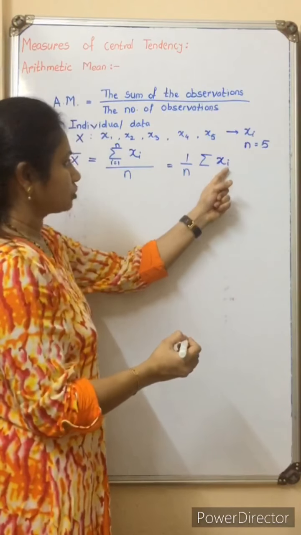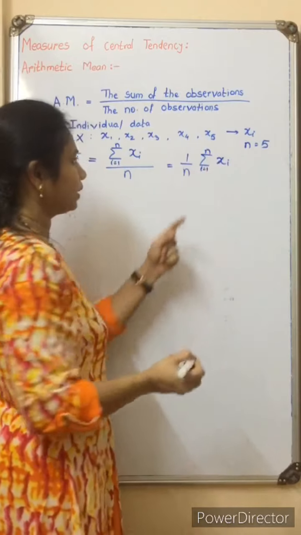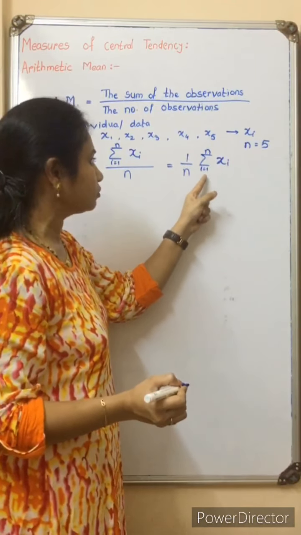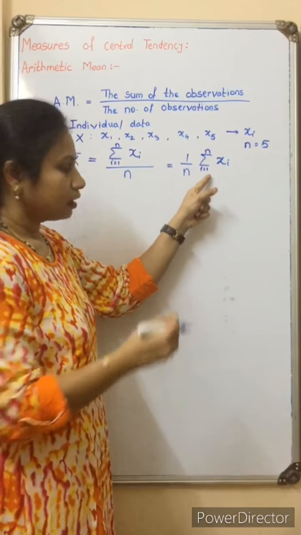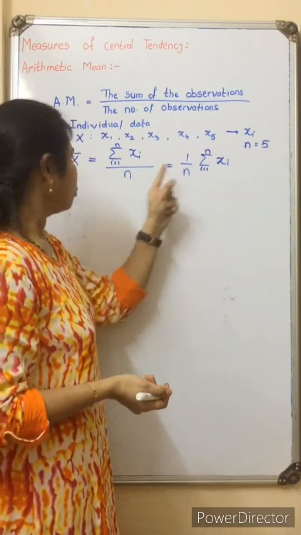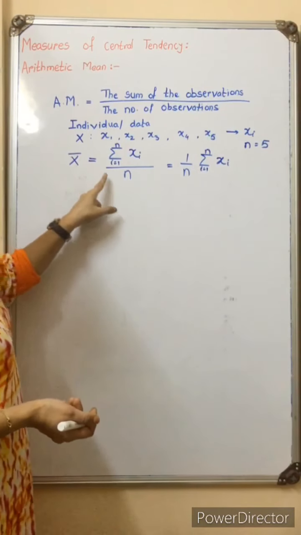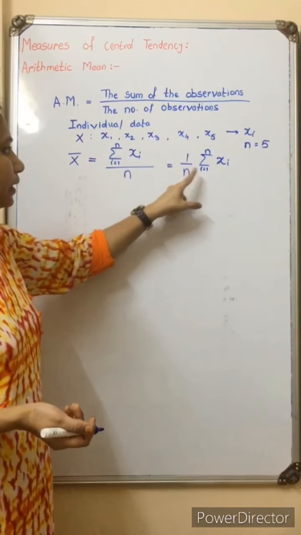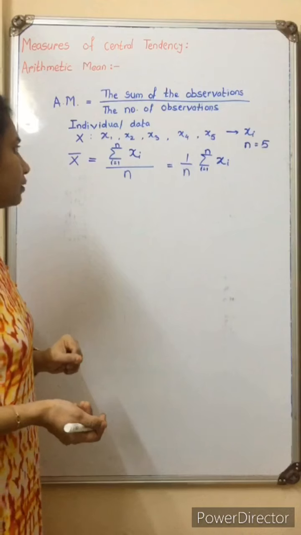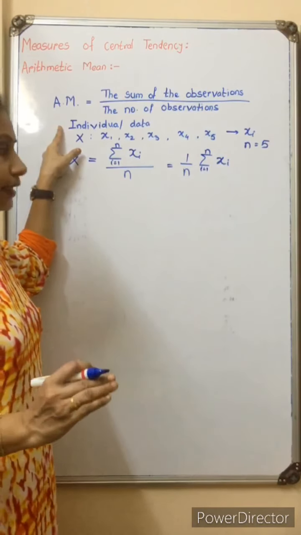The xi values, where I is from 1 to n. Example-wise you can change the number of observations. So simply the formula is x bar is equal to 1 upon n summation xi, I from 1 to n, for individual or ungrouped data.